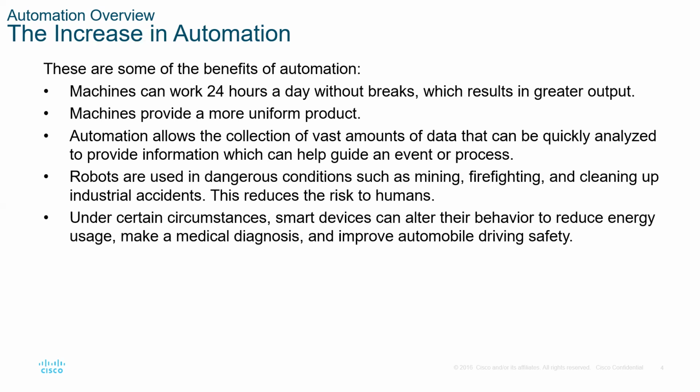Automation allows the collection of vast amounts of data that can quickly be analyzed to provide information which can help guide and innovate a process. They can be used in dangerous conditions, mining, firefighting, etc. Under certain circumstances, smart devices can alter their behavior, reducing energy usage, assisting medical diagnosis, and improving automobile driving safety. So that is in general.